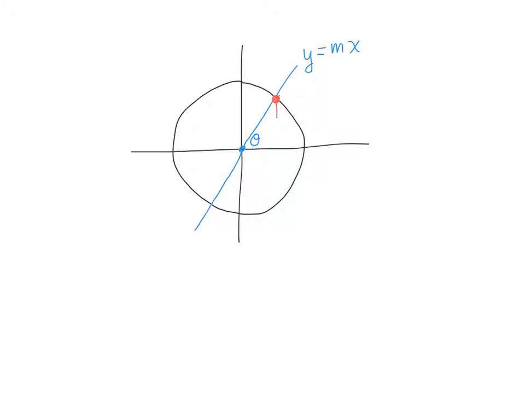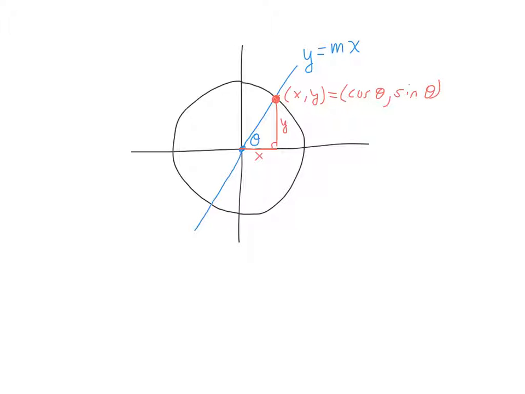Well, if we were to focus on a right triangle here, we said this is our x distance, this is our y distance. Well, we also said that for this point x comma y, that's the same as cosine of theta, sine of theta.